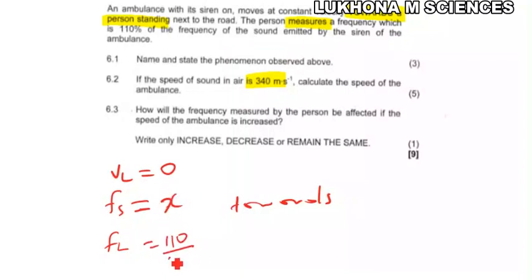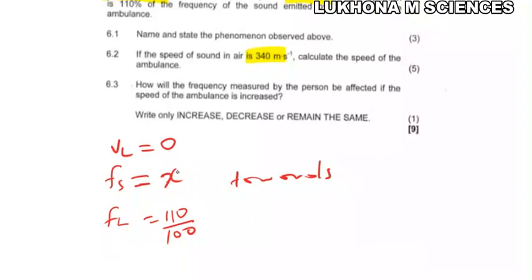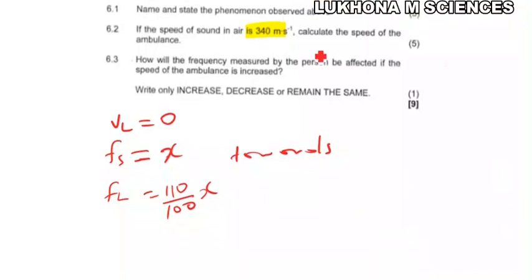So FL is 1/10% of the sound emitted, X in this case. Then the question says calculate the speed of the ambulance, calculate Vs.